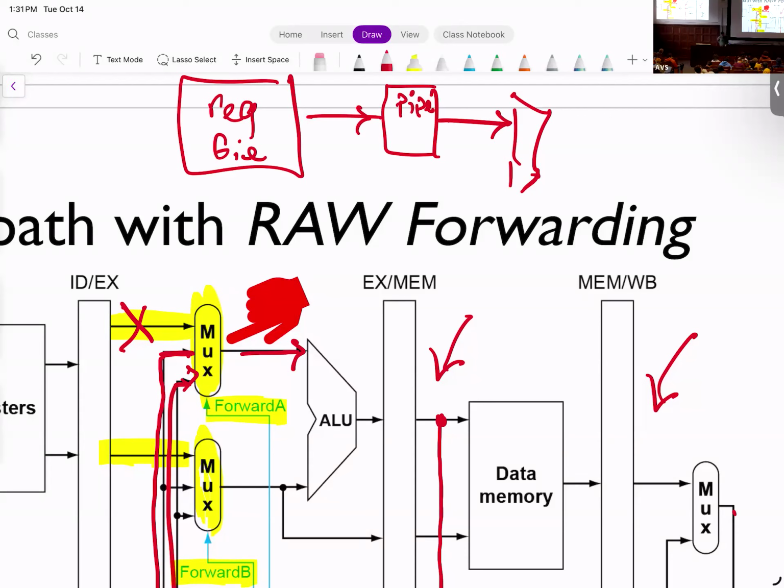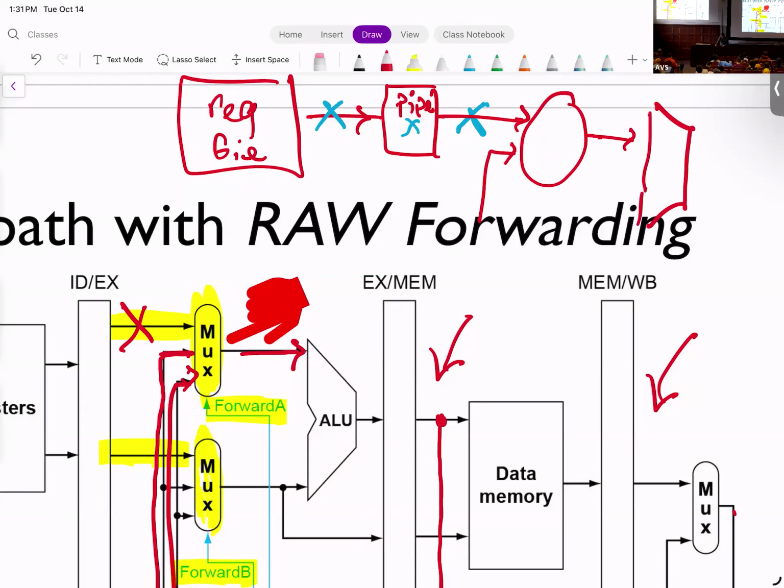Okay? So now here's the problem. If I read an old value here, this old value will be passed through the pipeline and will be read here. So what I'm doing now is putting a multiplexer here, and I introduce a new value, and I pass this value to my ALU.